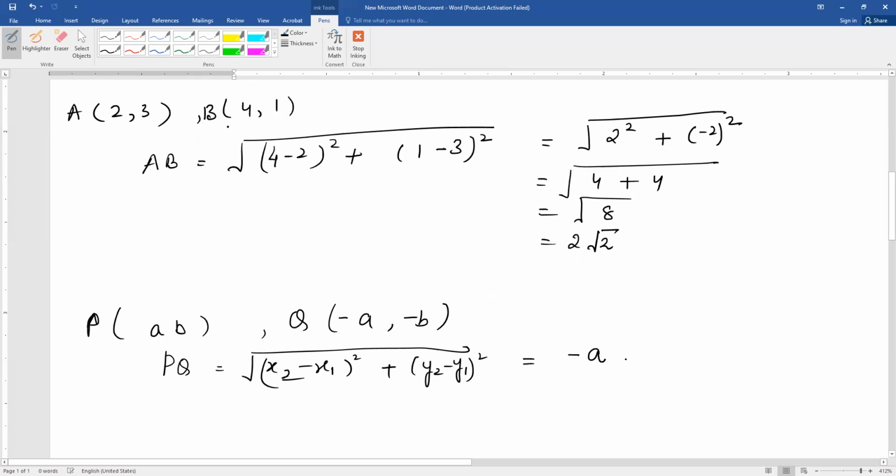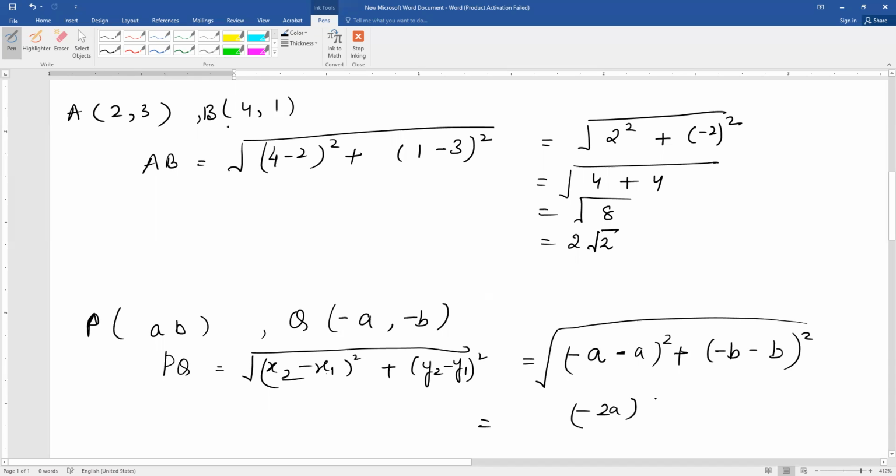It is minus a minus x1, a, whole square, y2 minus b माइनस फॉर्मूले का और b है y1 का होल स्क्वायर, whole under the root. What do we get? Minus 2a whole square plus minus 2b whole square under the root.